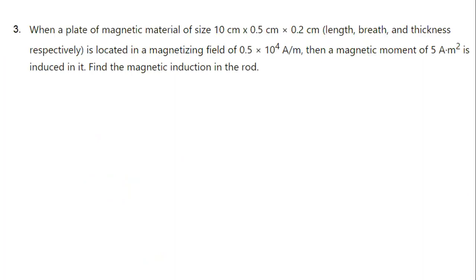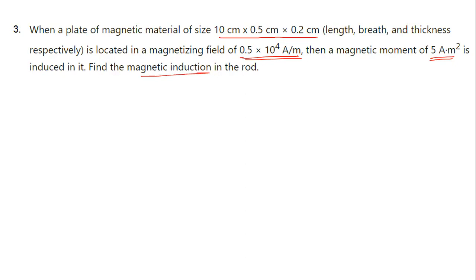My next question. A plate of magnetic material of size 10 centimeter into 0.5 centimeter into 0.2 centimeter, the length, breadth and thickness, is located in a magnetizing field of 0.5 into 10 raised to 4. A magnetic moment of 5 ampere meter square is induced in it.